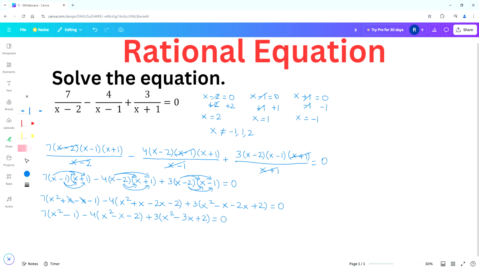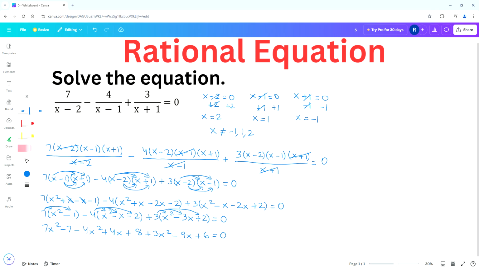Next, we can distribute the numbers in their respective parentheses. Next, we can combine like terms.